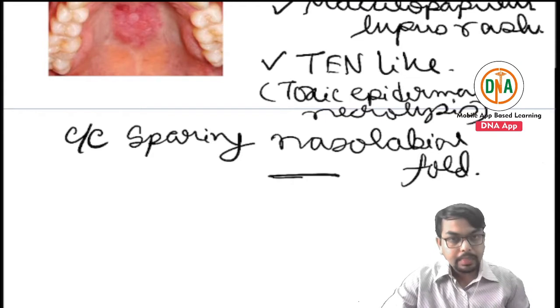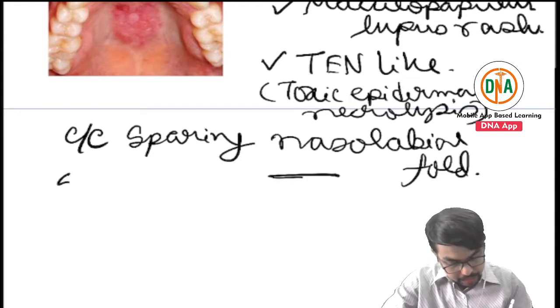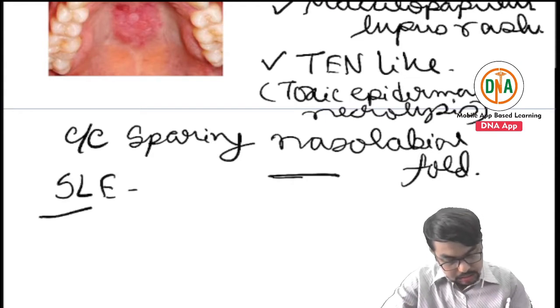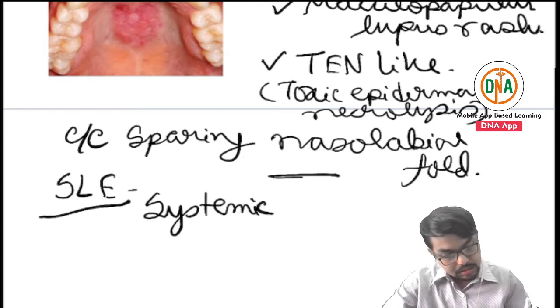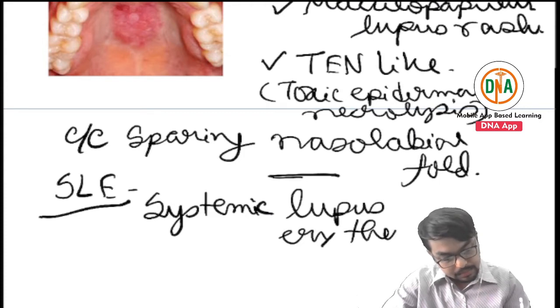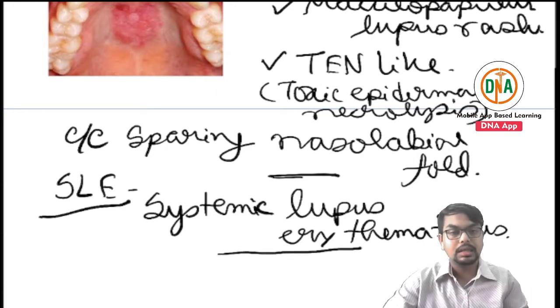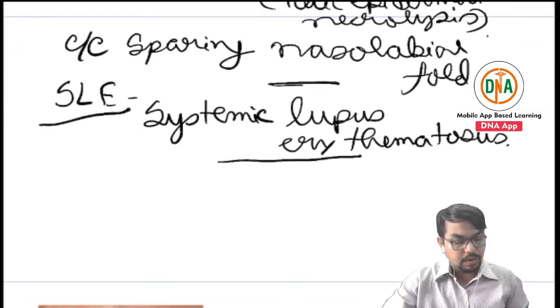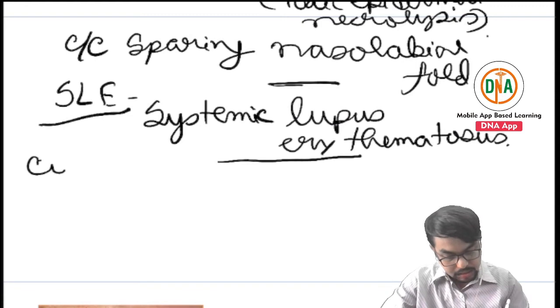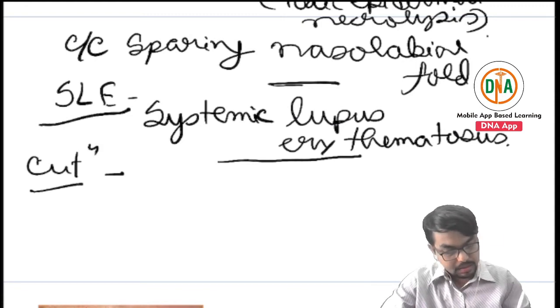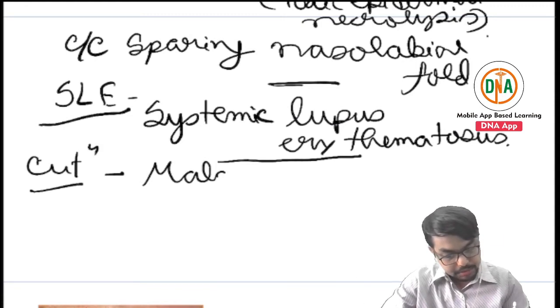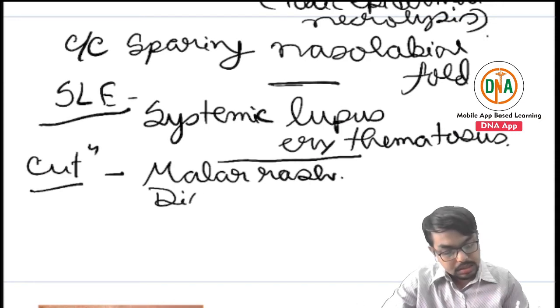Now, if we diagnose a case of SLE, that is systemic lupus erythematosus, there are several criteria for diagnosis of SLE. What are the cutaneous criteria? Number 1 is malar rash. Number 2 is discoid rash.